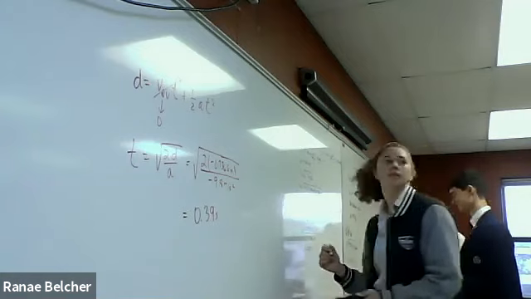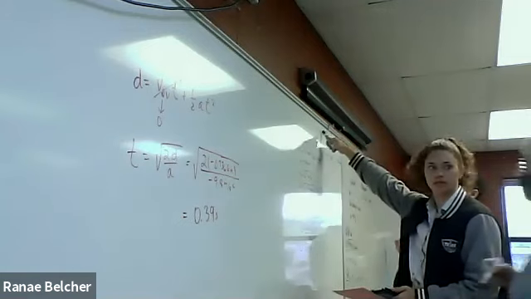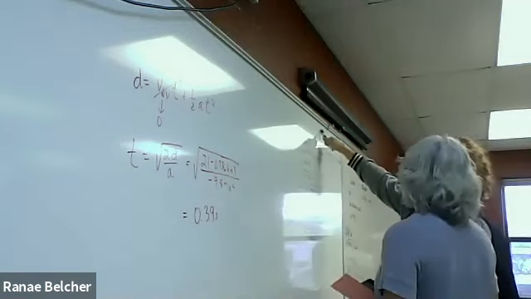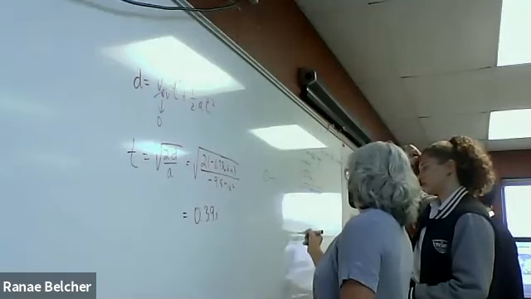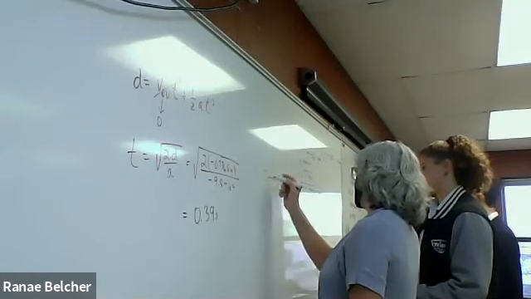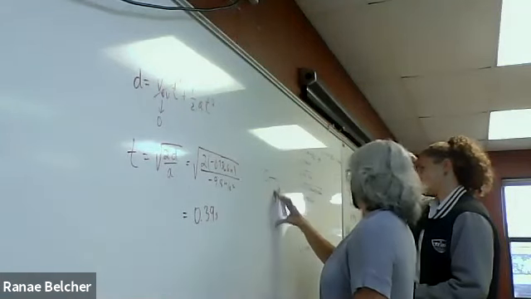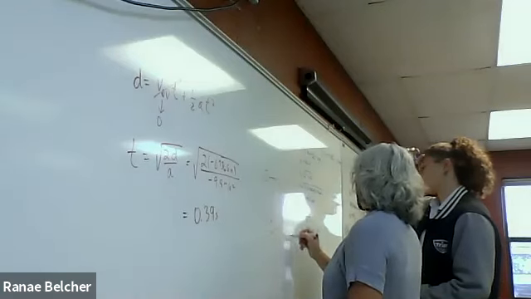That's right. But isn't that the time to fall from the end of the table to the floor? Yes. So how can you find that to the actual distance? Because, okay, so it's going to be going like this, right? So it's got this horizontal motion, it's got this vertical motion. It's only going to have this horizontal motion this amount of time. And that'll give you that.